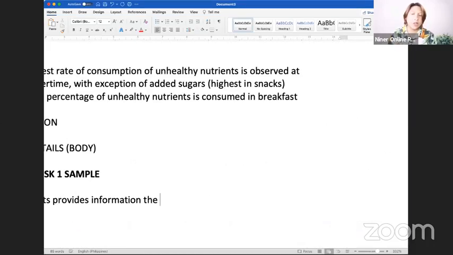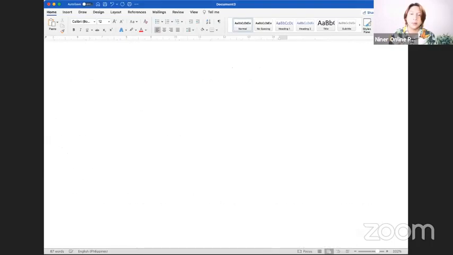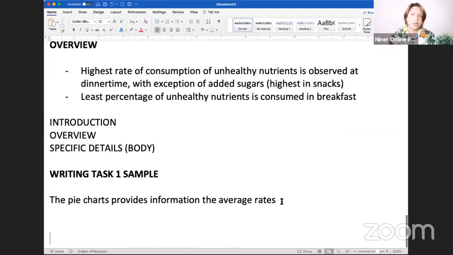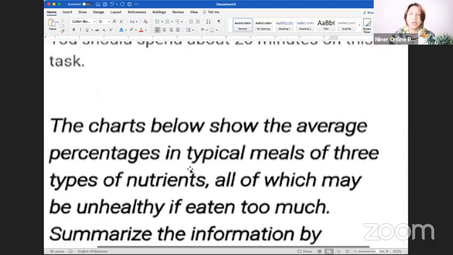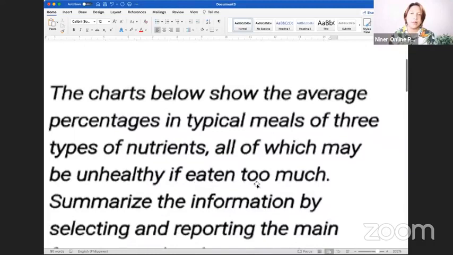The average rate. Maybe rate would be a better word. The average rates of consumption, or consumption rates. I'm going to change that later. Average percentages in typical meals of 3 types of nutrients, all of which may be unhealthy if eaten too much.